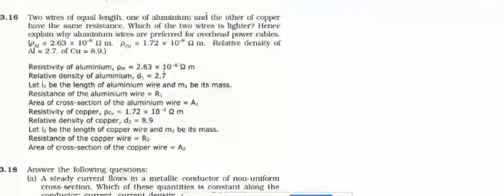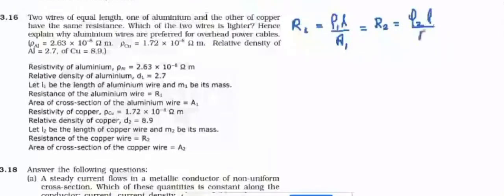So here we can use the formula R1 is equal to ρ1 L divided by A1, with equal length and equal resistance, and that is equal to R2, which is equal to ρ2 L divided by A2.